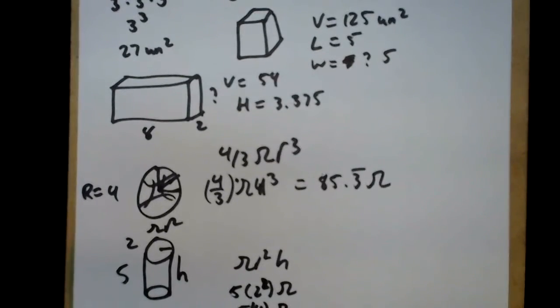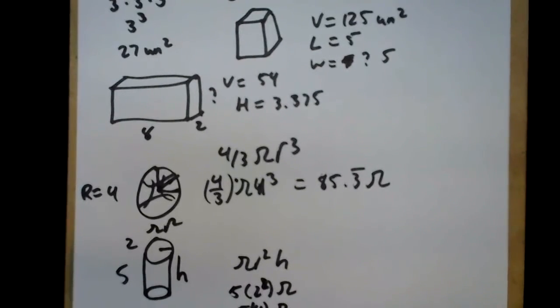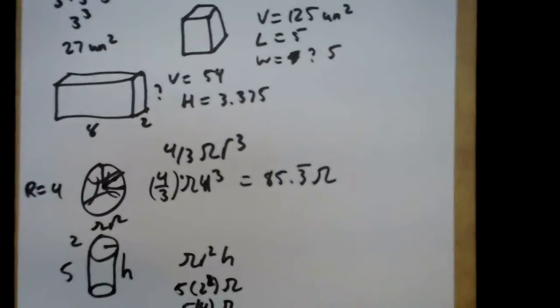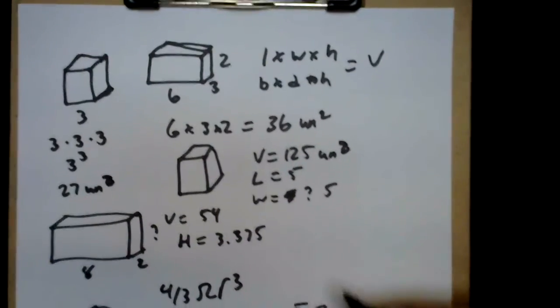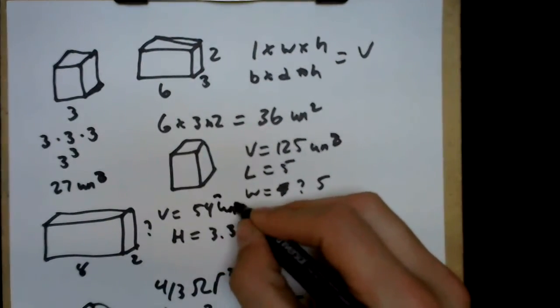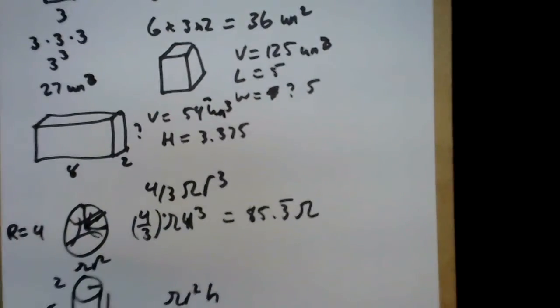So it's 20 pi, if anybody's really wanting to know what that is in decimal format, that is 62.83. All these, I just realized, are units cubed, because they're cubed figures.